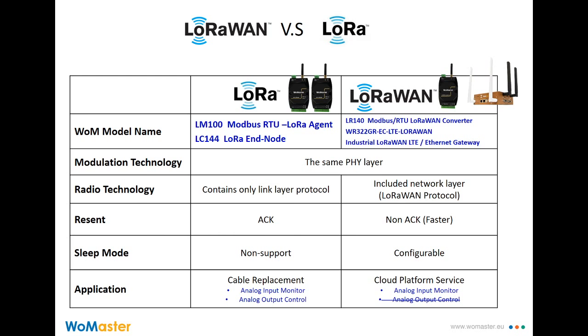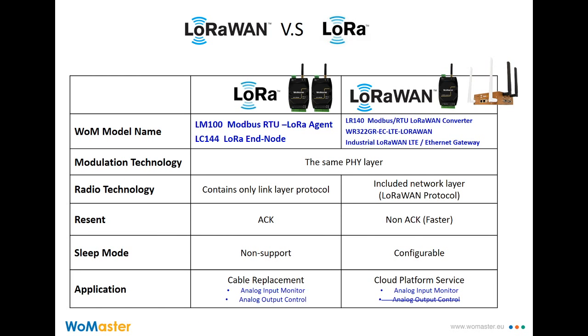However, they still have the risk of data loss under high transmit rates and speedy transmission applications. Regarding some power-concerned applications, LoRaWAN is more suitable than the LoRa because of the sleep mode. LoRaWAN can be set with a sleeping period to save more power. The function will be applied in the future.